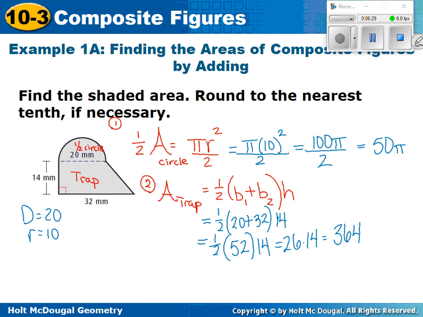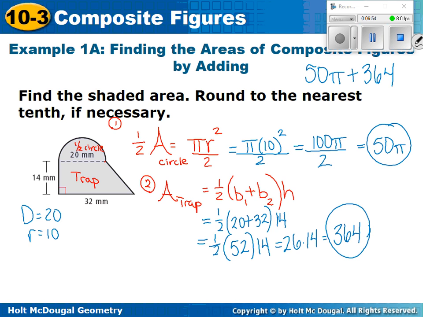All right. So now what do we want to do with this 50 pi and this 364 to get our final answer? Add them together. So we're going to take our calculator at that point, and we're going to type in 50 pi plus 364 because it did say to round to the nearest tenth. If it did not say to round, we would just leave it as that, 50 pi plus 364. But we're going to type it in and round.